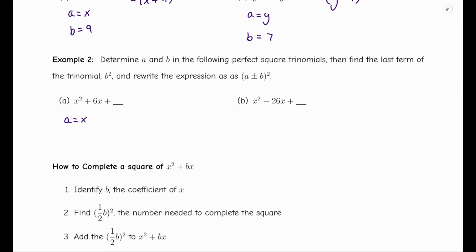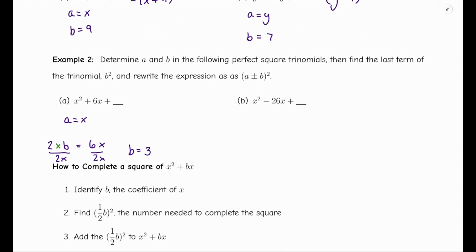But remember, 2ab has to equal the middle term. And since a is equal to x, to get b, I just divide by 2x. So I get that b is equal to 3.